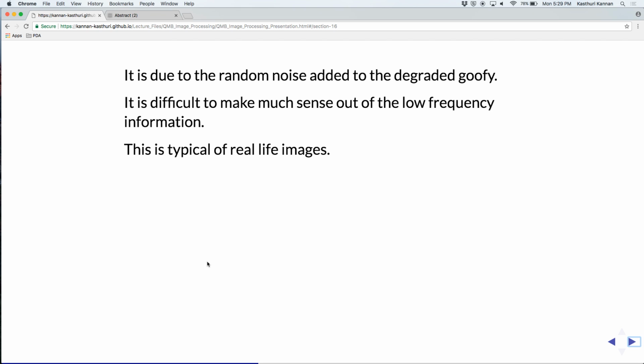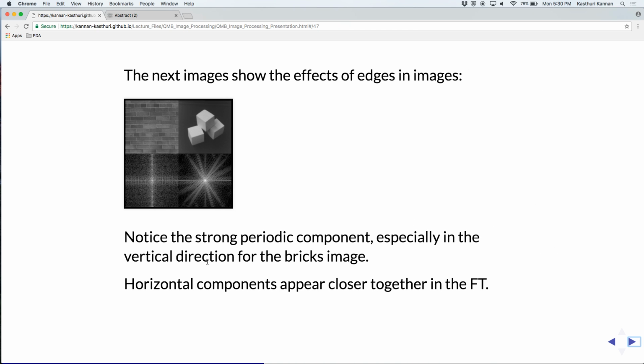It reflects that information. And so that's how degraded images generally look, and we can get a sense of it by looking at the Fourier transform. As such, it will not make sense, but if you play with the images, take a cosine image and try to interpret what's happening by looking at the Fourier transform.